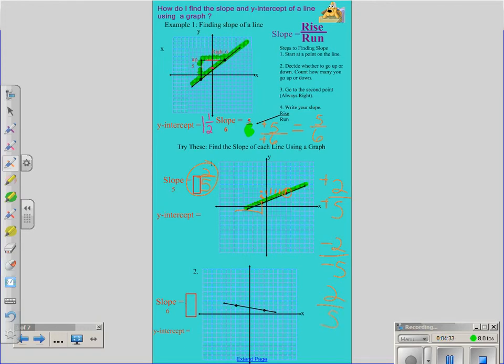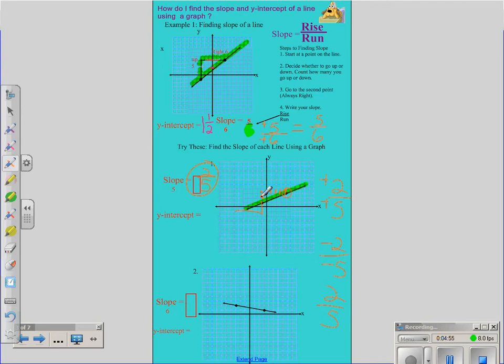If my line was running off the graph or I needed another point, I might have to be creative with my points. So just know that you can go either way. You can go down and left or up and right. Both of those are actually positive.